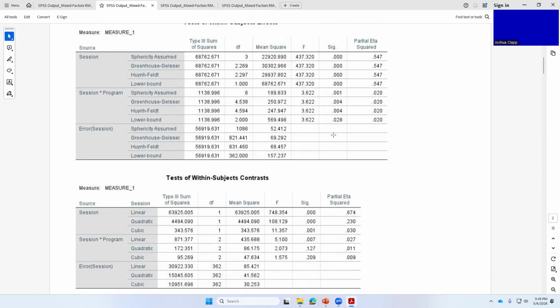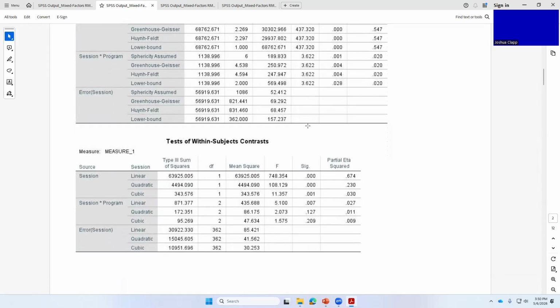Session is just saying that my repeated assessments are not identical across time points, which is good to know. But remember, being modified by program says that the pattern of means across repeated assessments is going to differ based on program. But I really don't know what that looks like until we start getting into specific means.